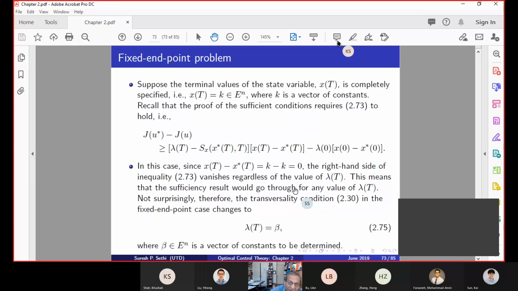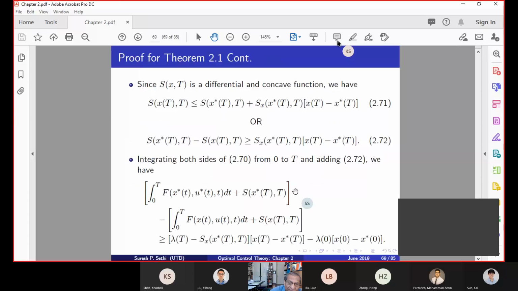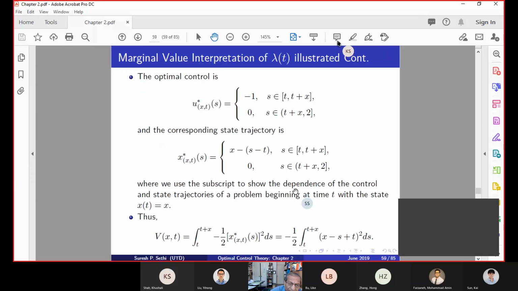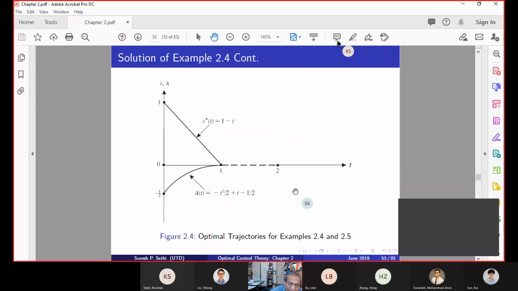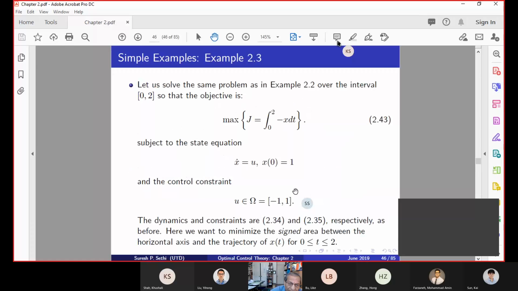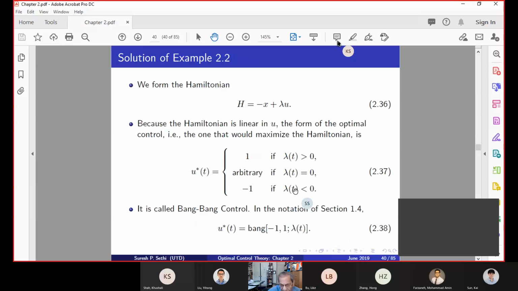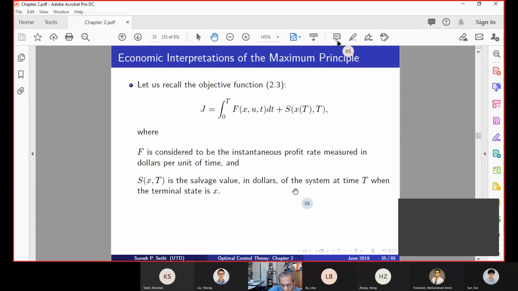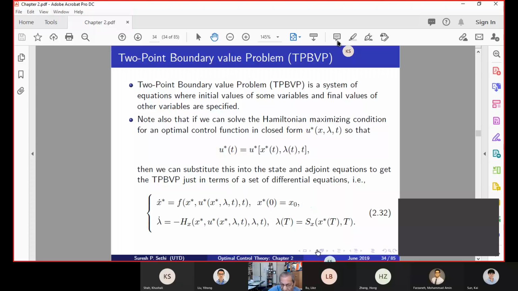So if you take the two-point boundary value problem, for a free endpoint problem I have an initial value and a terminal value, and I solve the problem that way.